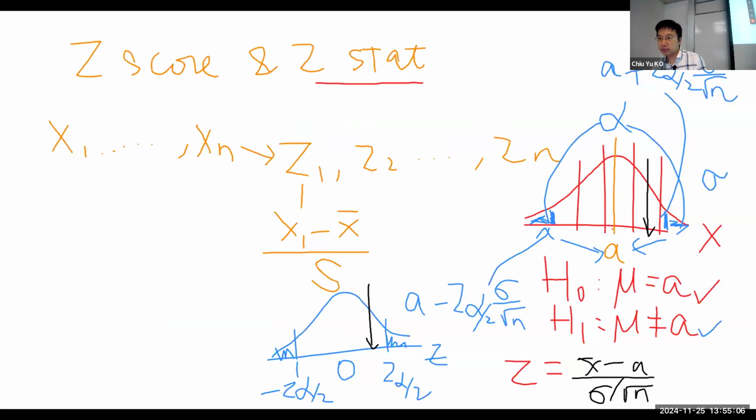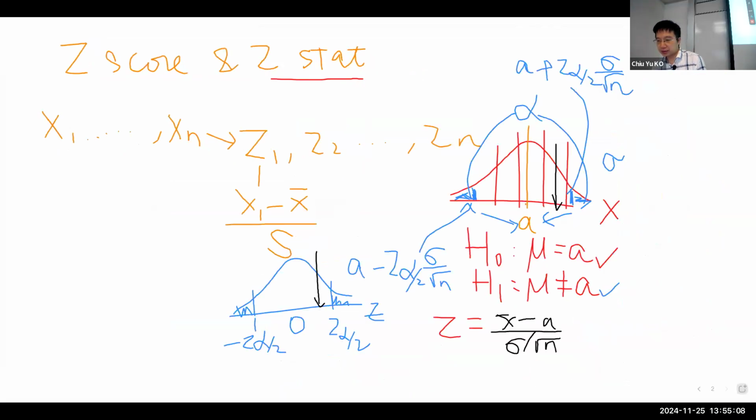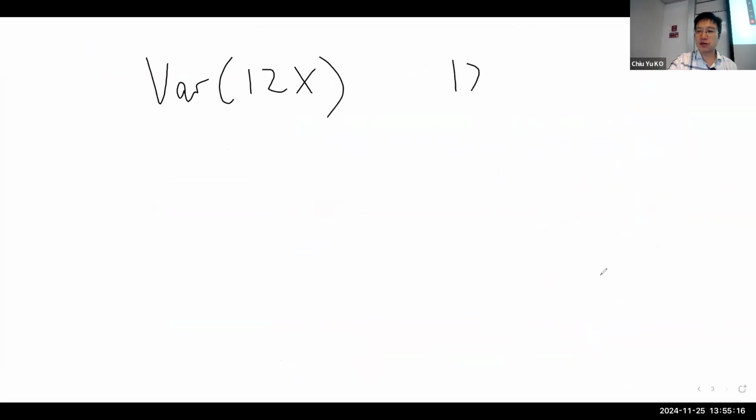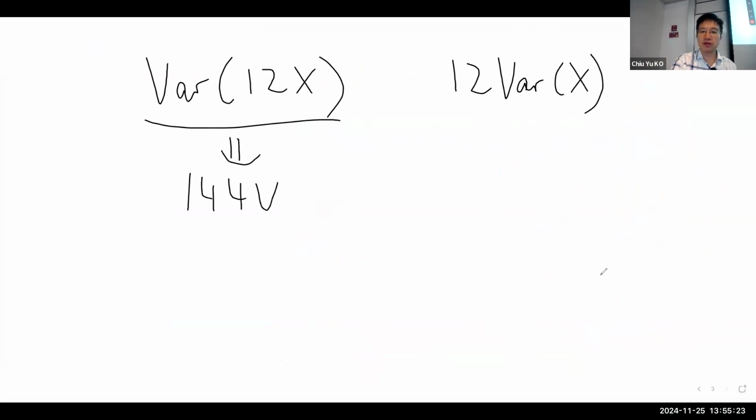The question is: what is the difference between variance of 12X and 12 variance of X? First, the variance of 12X is equal to 144 times the variance of X. So that is not the same. I hope that's clear in the beginning.